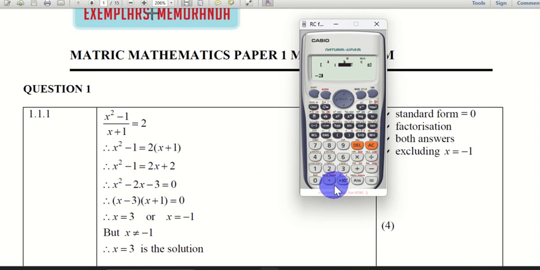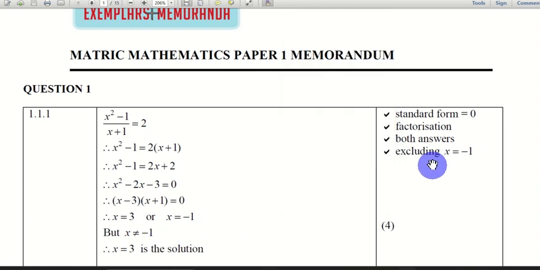Negative 2. Enter. Then negative 3. Enter. What happens here? x is equal to 3 and x is equal to negative 1. Okay, but remember, it factorized this equation and not that. But x is not equal to 1 because we have a restriction.